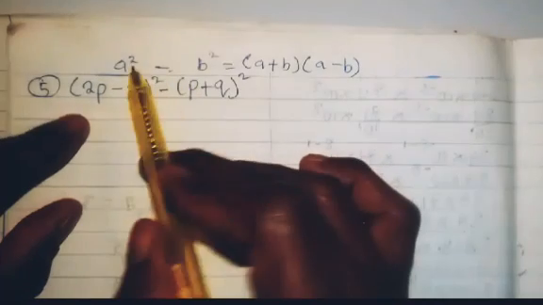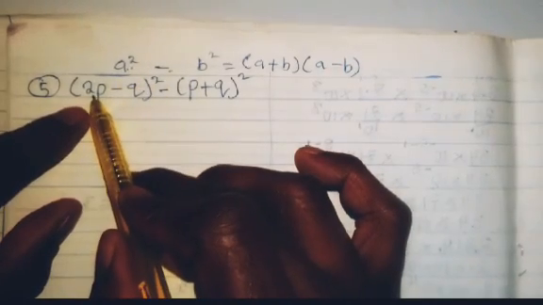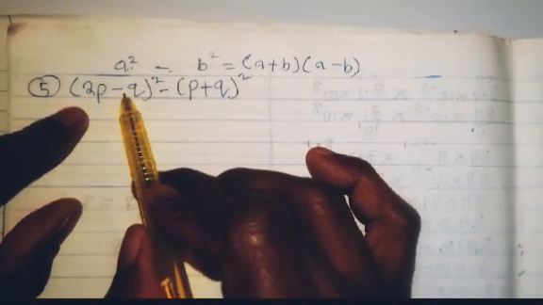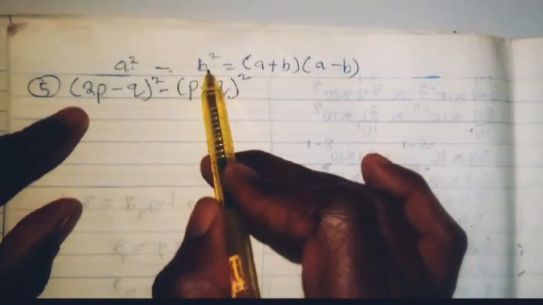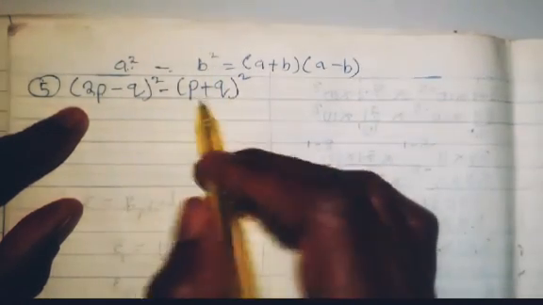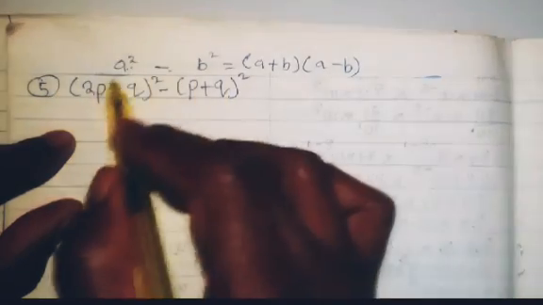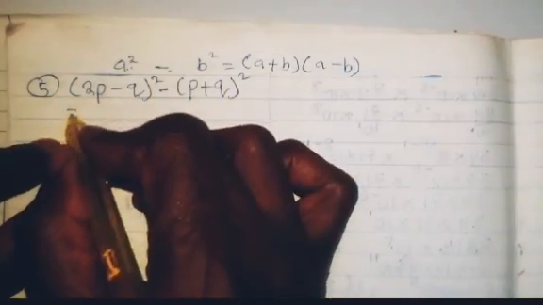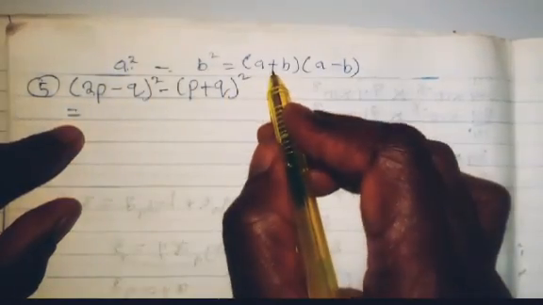So in this case, a is representing 2p − q and b is representing p + q.